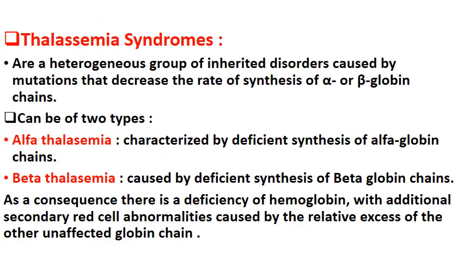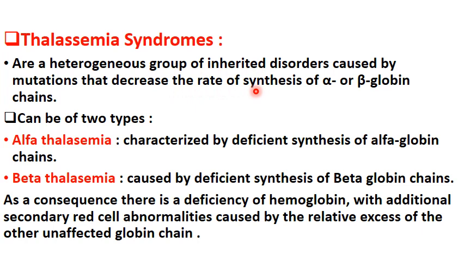Thalassemia syndromes. Thalassemia syndromes are a heterogeneous group of inherited disorders caused by mutations that decrease the rate of synthesis of alpha or beta chain of the globin. In hemoglobin, we said that there is heme and the globin.